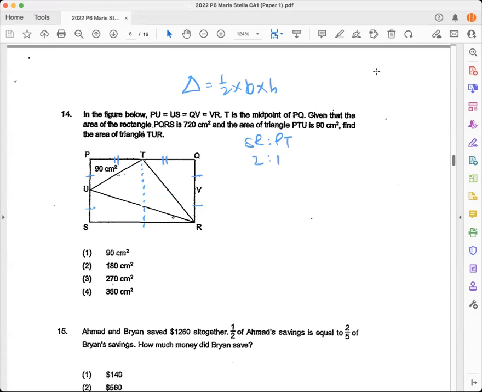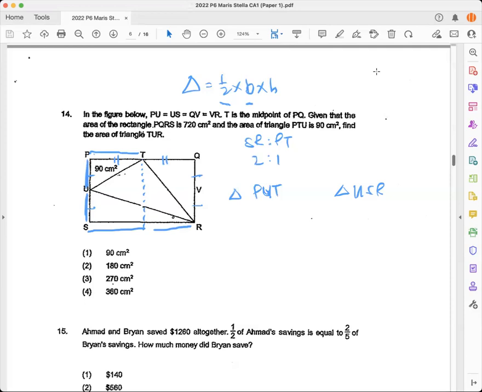Now, if you look at triangle PUT and triangle USR, you'll notice both have the same base. This and this, their bases are equal. Looking at the formula, they have the same half times base. Now look at the height of PUT. The height here is 1 unit, and the height of USR is twice that of triangle PUT.